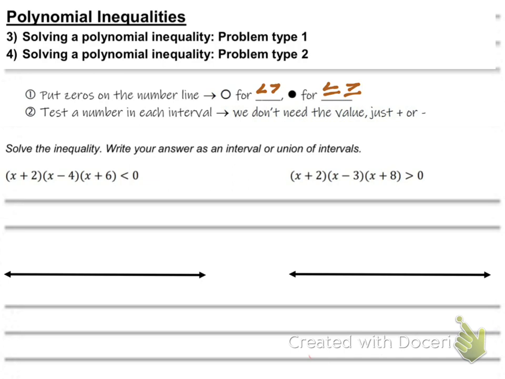Now here we're going to have two options. I have just one written there, but we're going to have two options after that. The first is going to be to test a number in each interval to see if the graph is positive or negative there, okay? And we're going to do that.